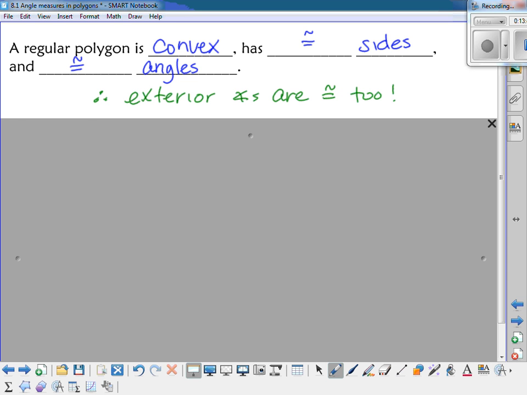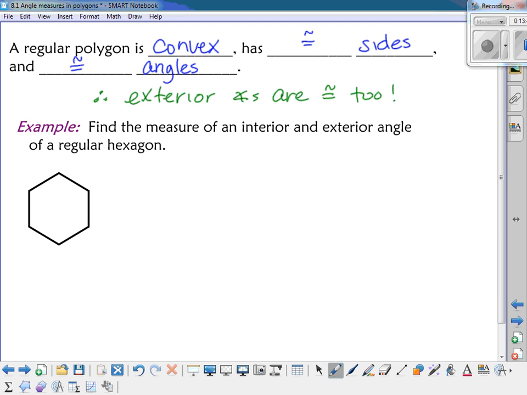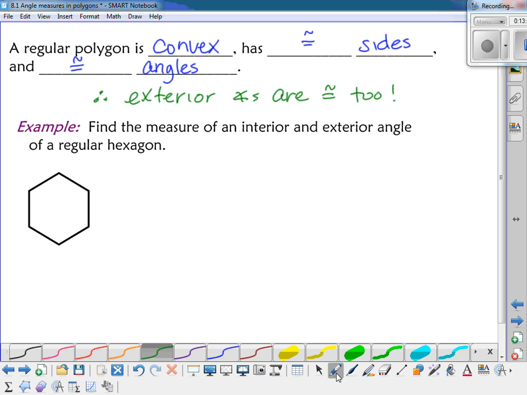Okay, so now we have an example. We're going to find the measure of an interior and an exterior angle of a regular hexagon. So first, let's take a look at our interior angles.